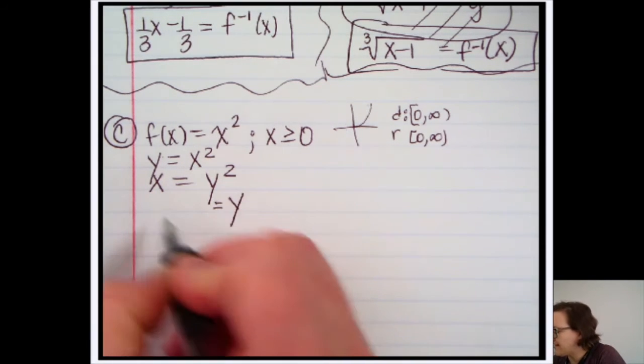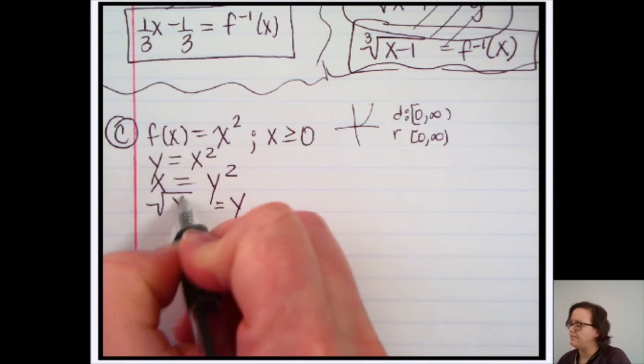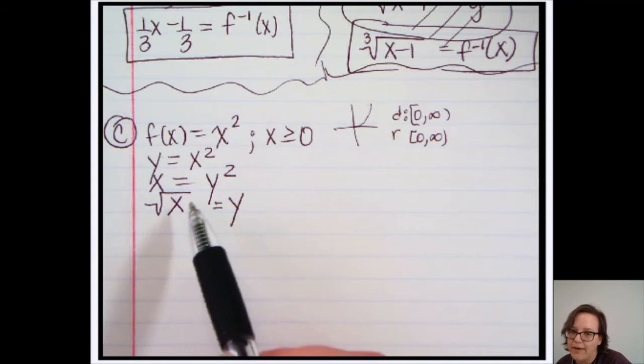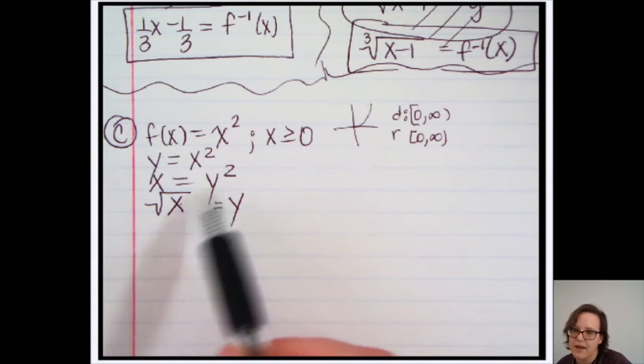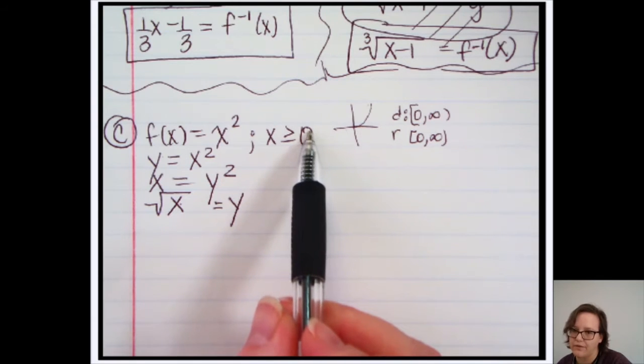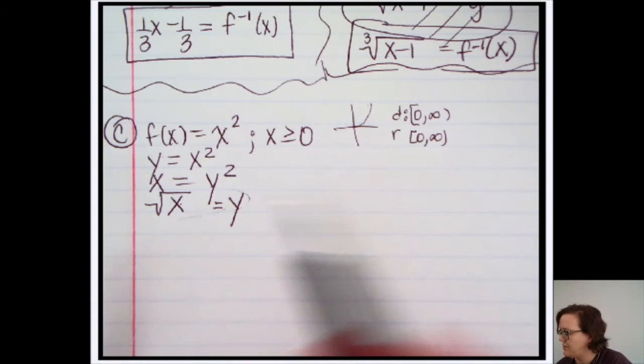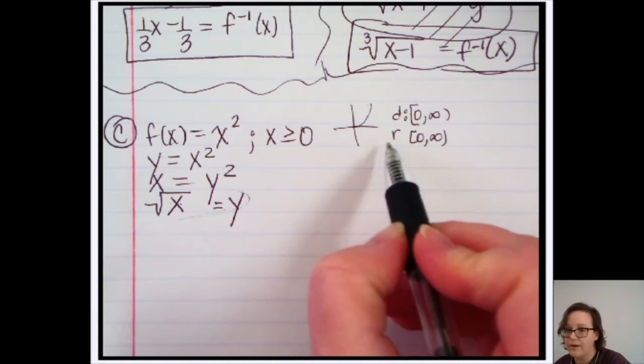So we do need to take the square root. Okay. But, yes, we need a plus or minus when we take square roots. However, we only want the branch that matches with x being positive. Okay. And so that is going to be our positive branch. Okay. Because, and how do I know that?